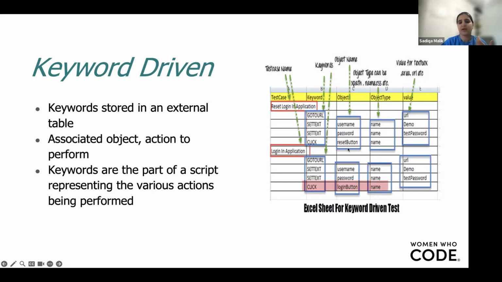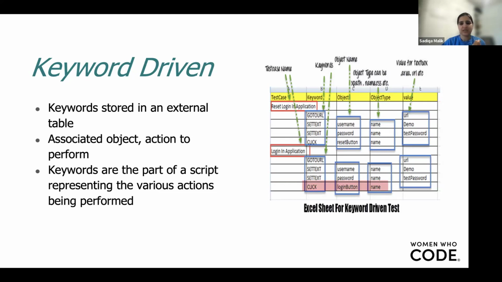In the background, the script is going to call the click keyword, identify the object, and then click on it. So you're basically defining a keyword for each object that you have. And for those keywords, you're going to give the object description or unique name or CSS path or any of those, how you're going to identify it, right? You're going to pass that in another column and then the action to be performed.